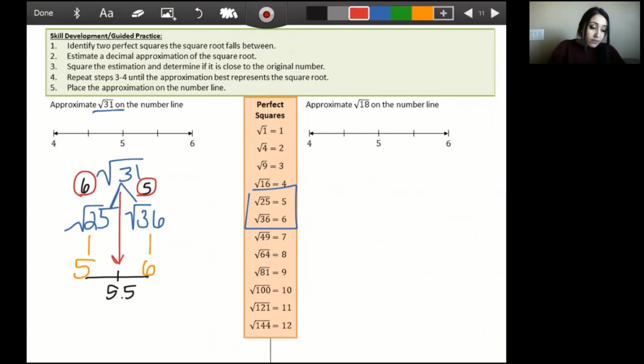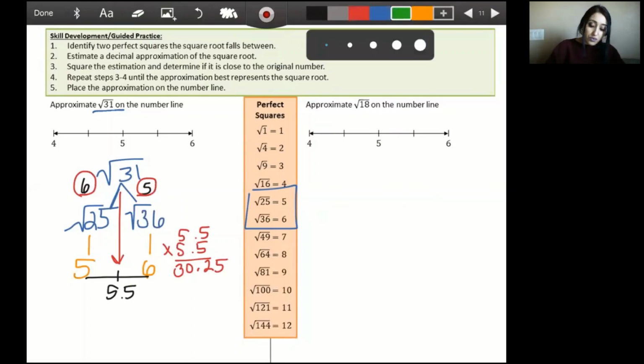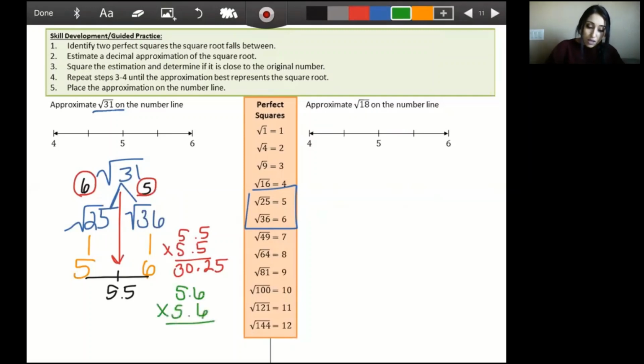So I have 5.5 times 5.5, which leaves me with 30.25. I'm going to try to see if I can get closer to 31. So I'm going to try 5.6 times 5.6. That leaves me with 31.36.